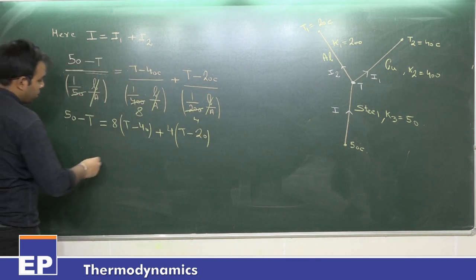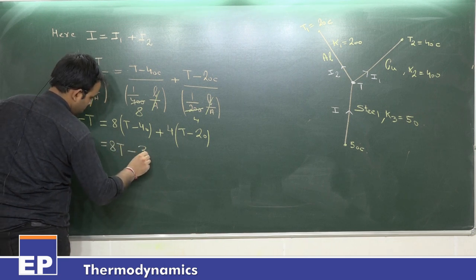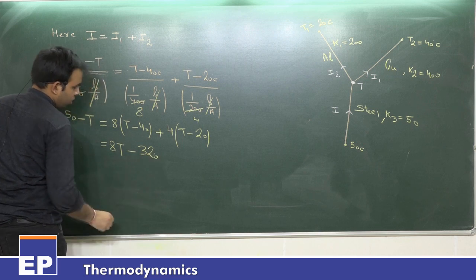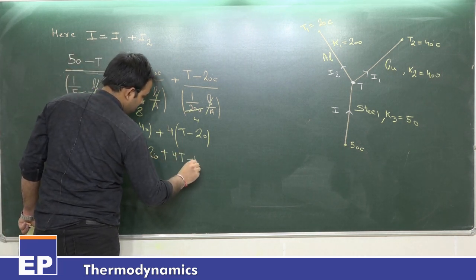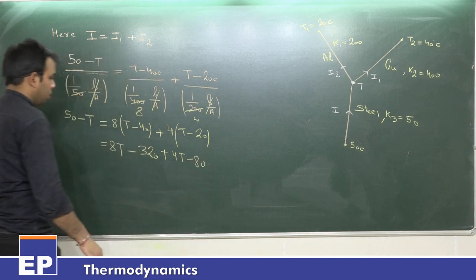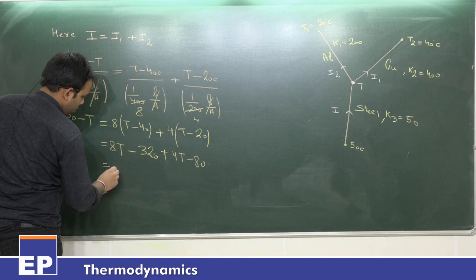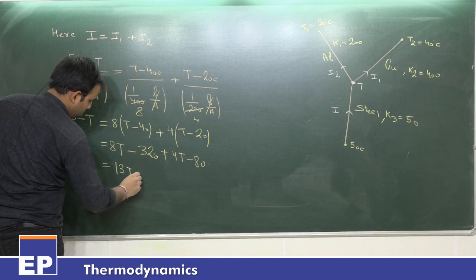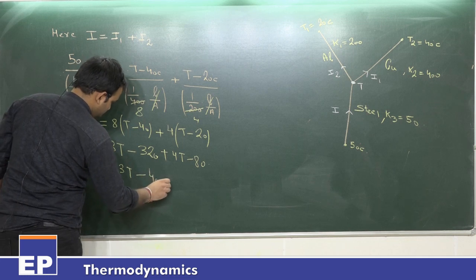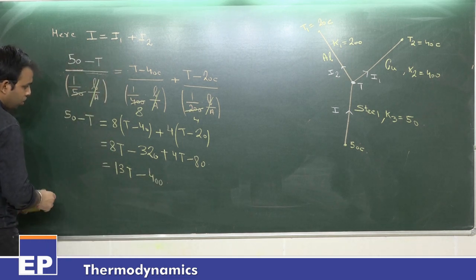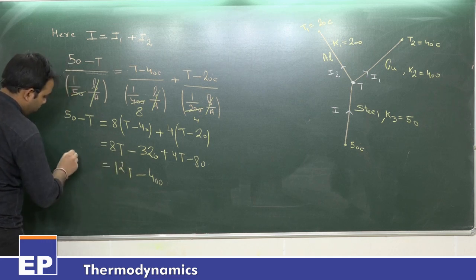This is 8t minus 320 plus 4t minus 80. 13t minus 400 is equal to what? 12t minus 400 is equal to 50 minus t.